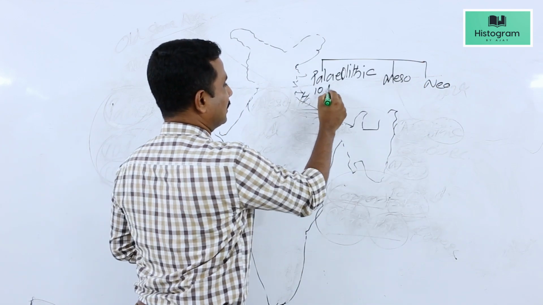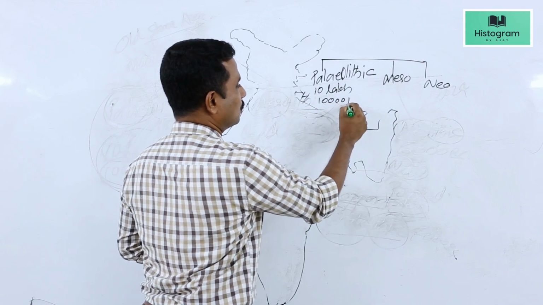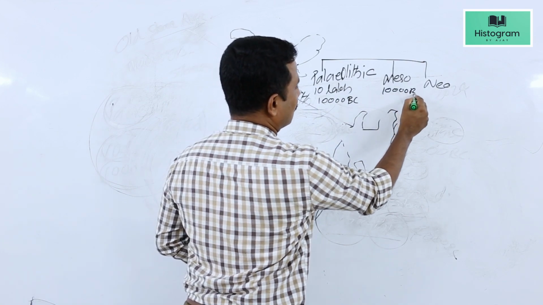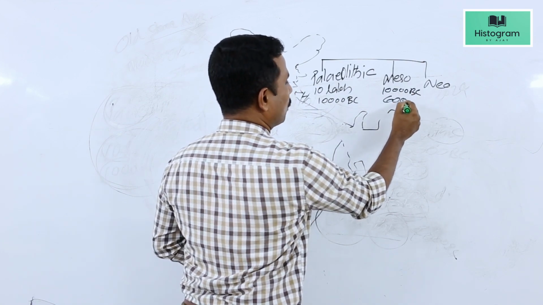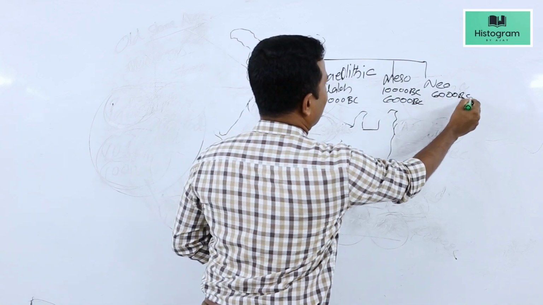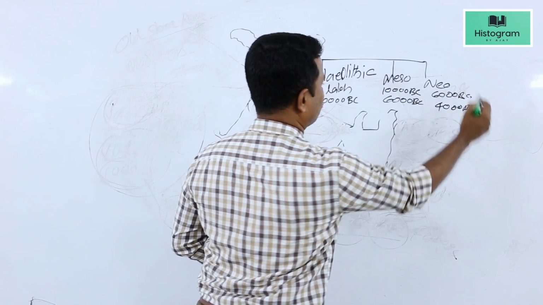So this is 10 lakh to 10,000 BC. This is from 10,000 BC to around 6000 BC, and this is from 6000 BC to around 4000 BC.